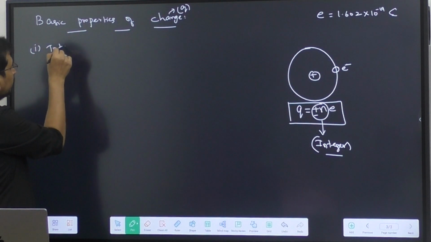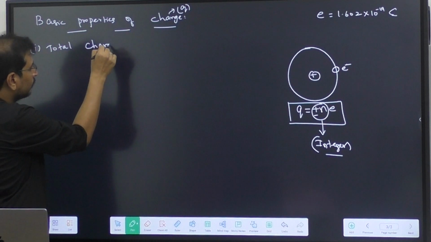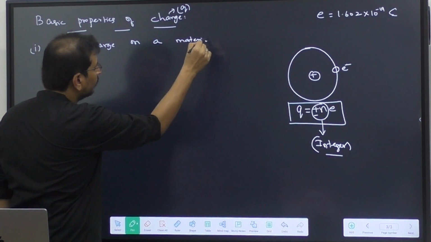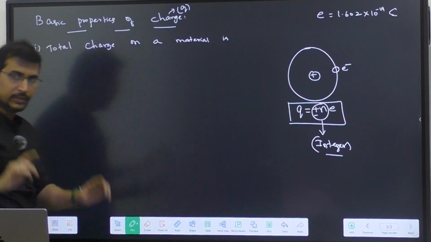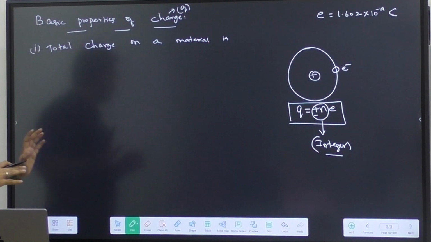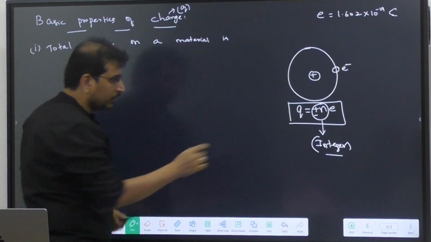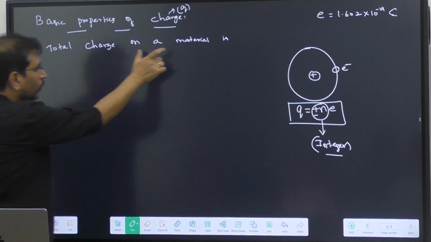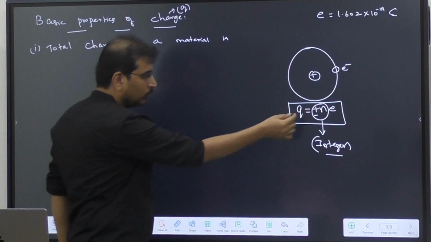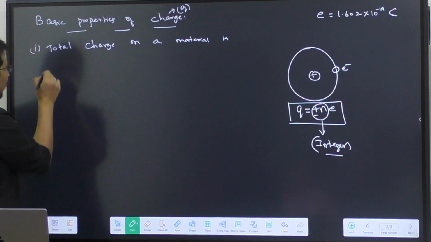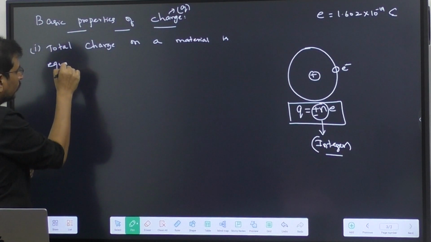So if I take this to be the mathematical condition, now I'll try to write a statement for it. Total charge on a material is, look at the way I'm converting, okay? I'm not memorizing or doing anything. I hope you understood the mathematical statement. Look at the way. The total charge on a material is, what is it? What is the next thing I'll be able to say? Is equal to, right? Is equal to whom?